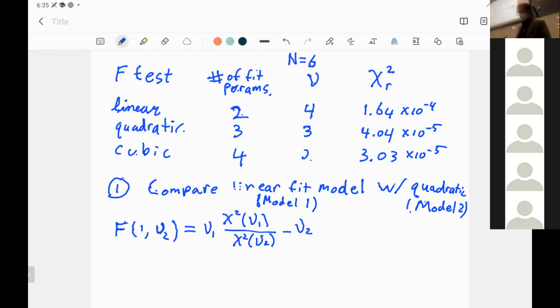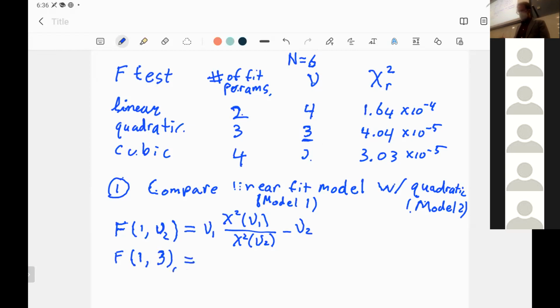Okay, and so if we plug in the numbers from our example, comparing the linear fit to the quadratic fit, the second fit model here is the quadratic one. So the value of nu2 is 3, so we're looking at the F1,3 parameter.